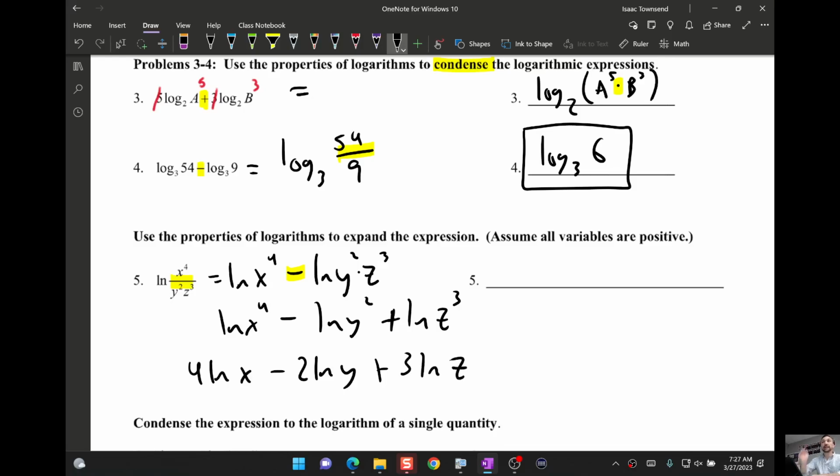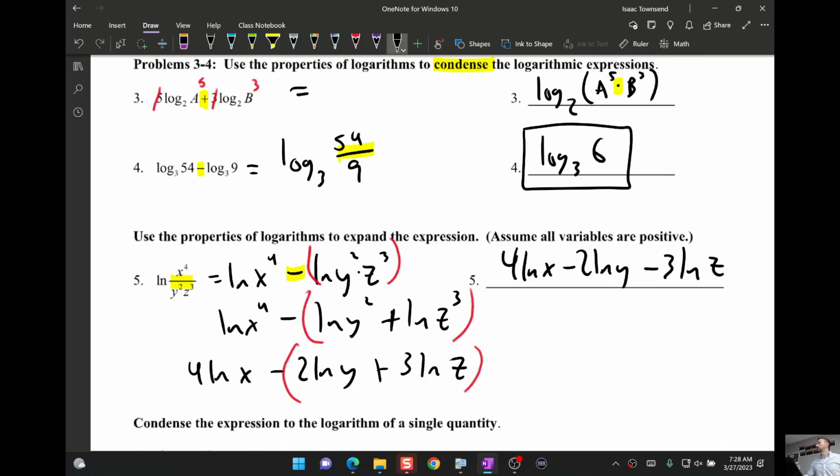And then the easiest thing to overlook is what I did right here. When I expanded this, this was supposed to be minus all of this stuff. So when you expand it, it's still supposed to be minus all of that stuff. So you can either have parentheses like this, or you can distribute the negative and make both of these subtract.